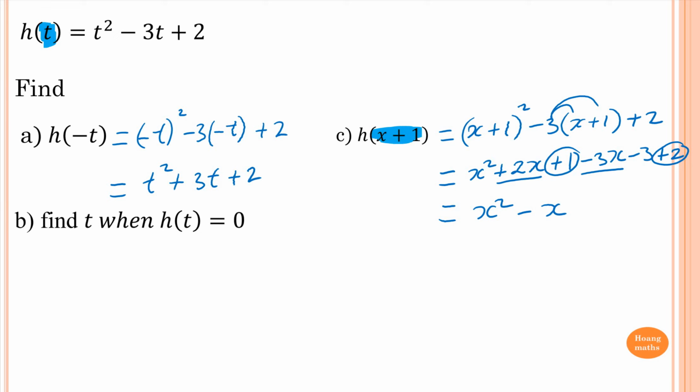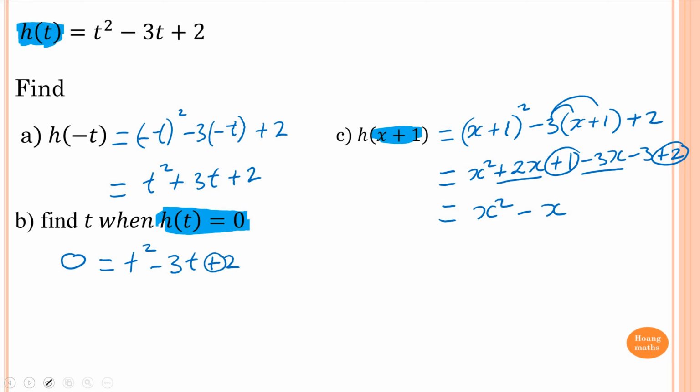Alright. Find t when h of t is equal to 0. So this means that h of t here is replaced with 0 because h of t is equal to 0. So this means that 0 is equal to t squared minus 3t plus 2. So I just factorize it.